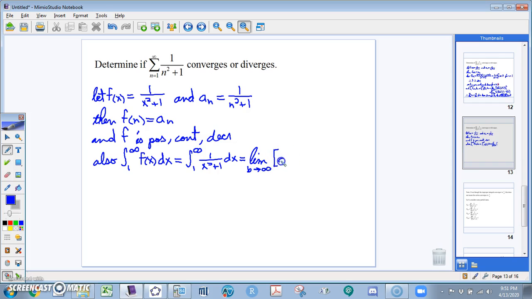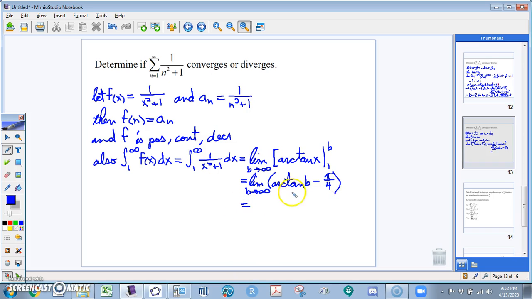And the antiderivative there is arctangent. So I'm going to evaluate that from 1 to b. So that's the limit as b goes to infinity of arctangent of b minus arctangent of 1. But I know that arctangent of 1 is pi fourths.